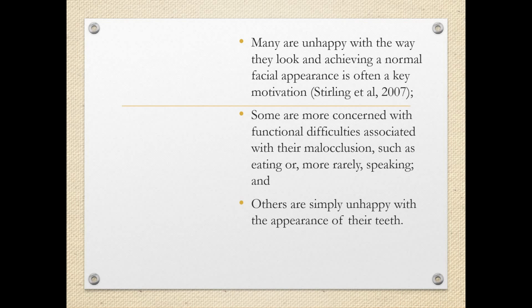Many adults are unhappy with the way they look, and achieving a normal facial appearance is often a key motivation. Some are more concerned with functional difficulties associated with their malocclusion, such as eating or, more rarely, speaking.